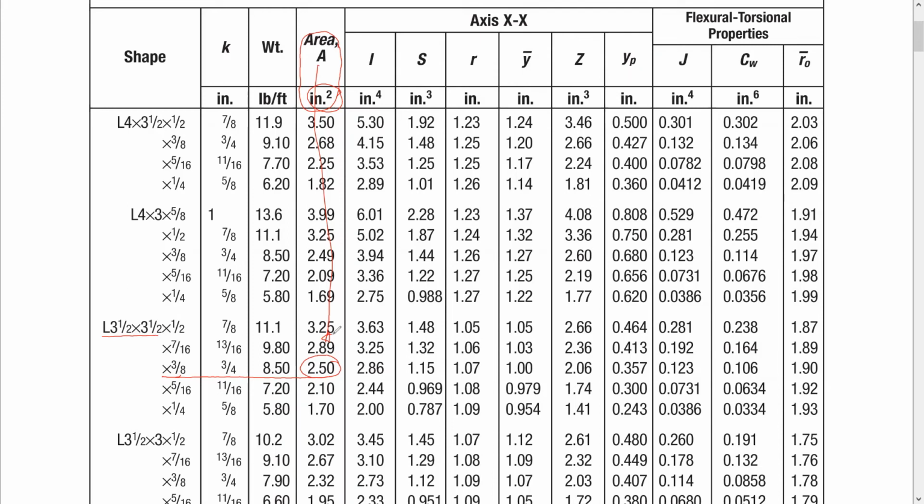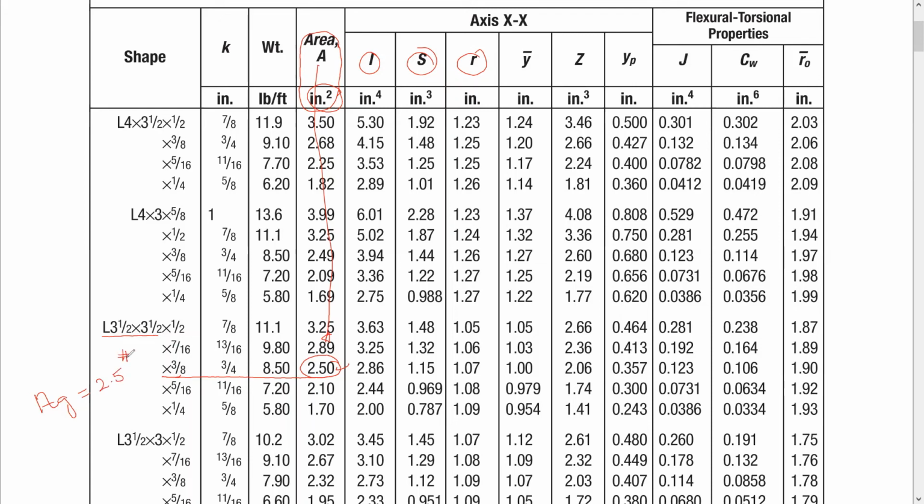We have many other properties here, such as moment of inertia, elastic section modulus, and radius of gyration. We will use some of them later in this class. So by this we got the gross sectional area, A gross, for this section, which is equal to 2.5 inch square.